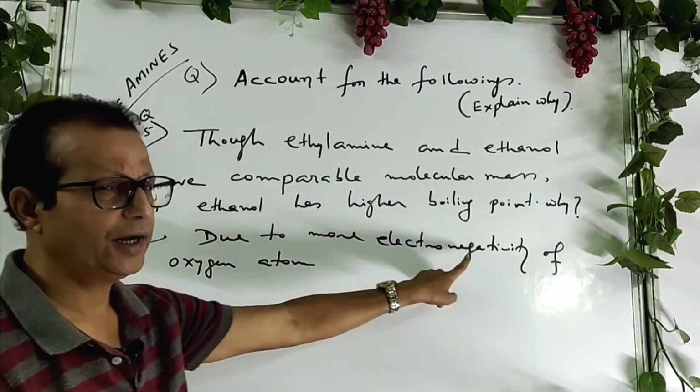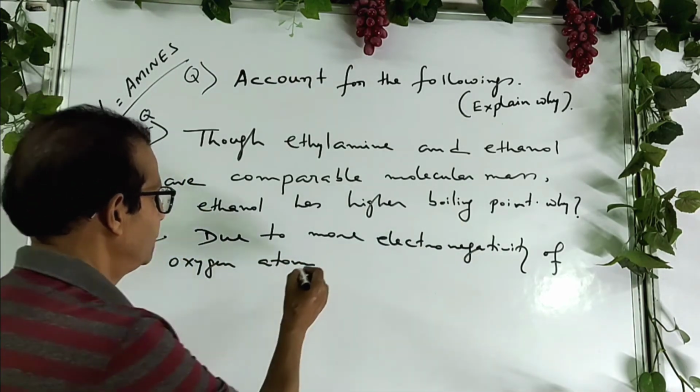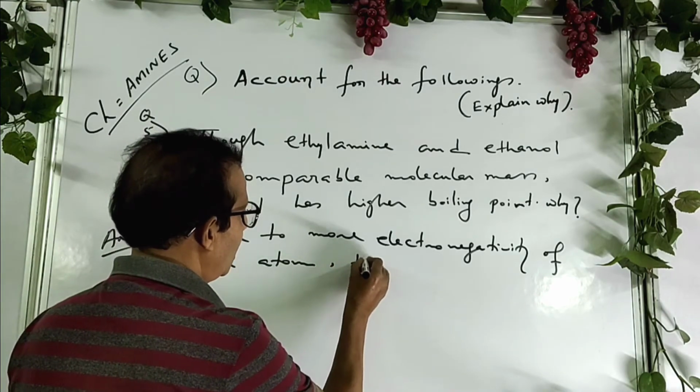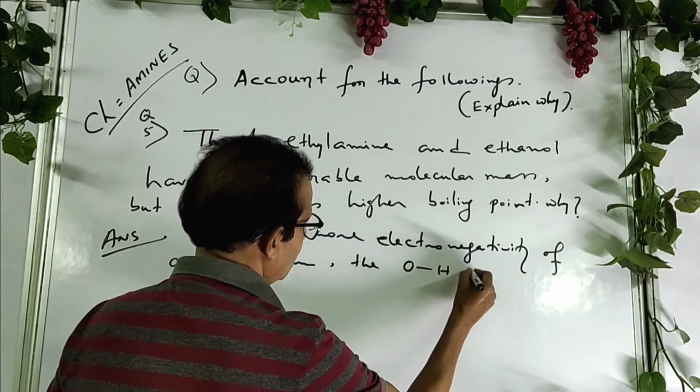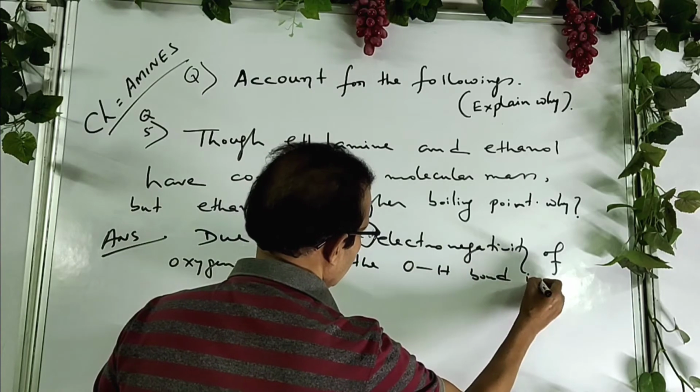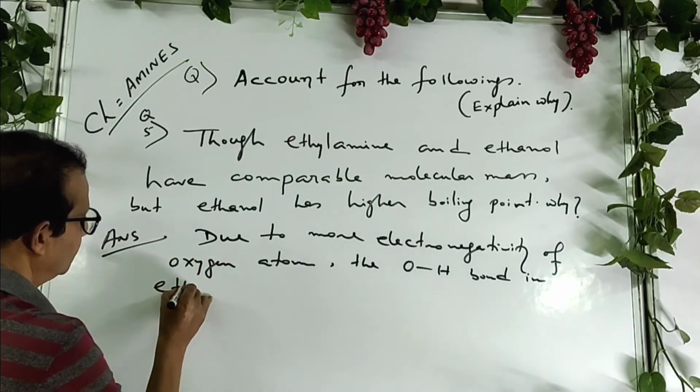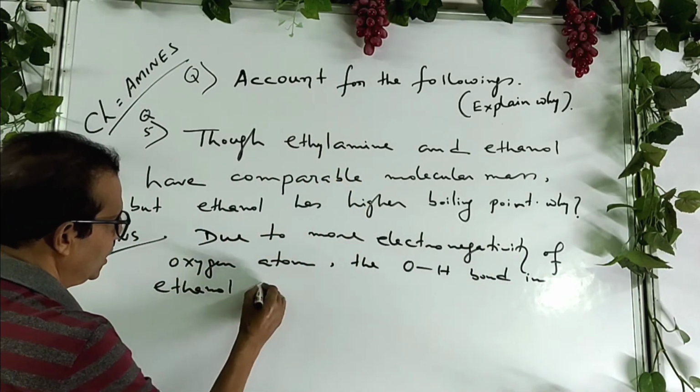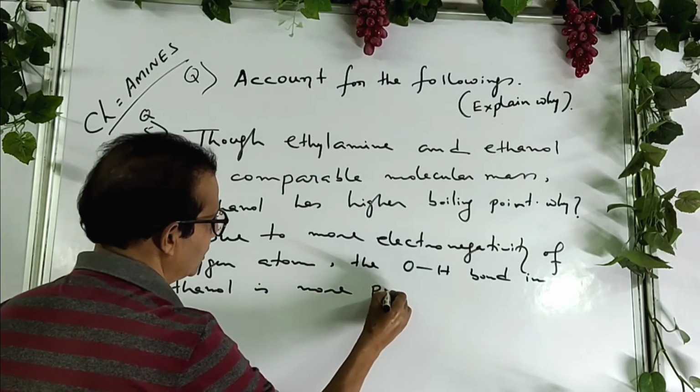Due to more electronegativity of oxygen atom, the OH bond in ethanol is more polar.